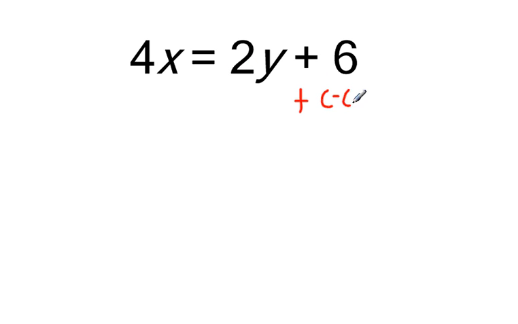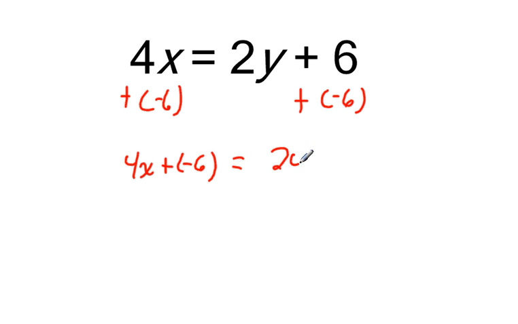So we're going to add negative 6 to both sides to move that 6 over to the left. So we end up with 4x plus negative 6 is equal to 2y. And then our last step is to get rid of that 2, and we just simply divide by 2.